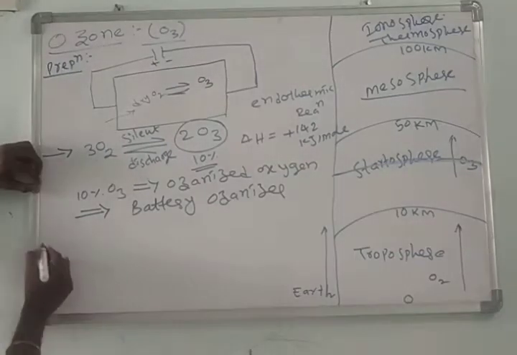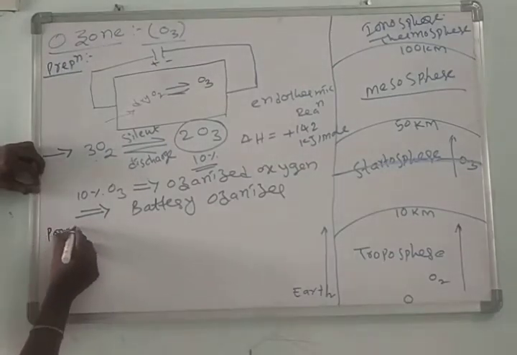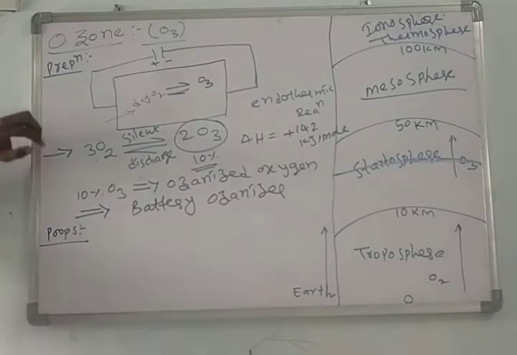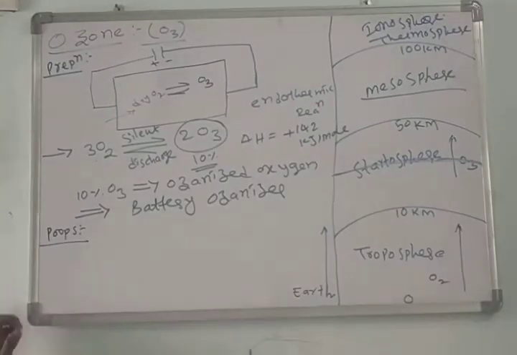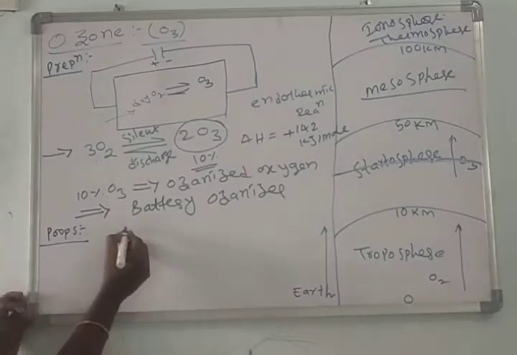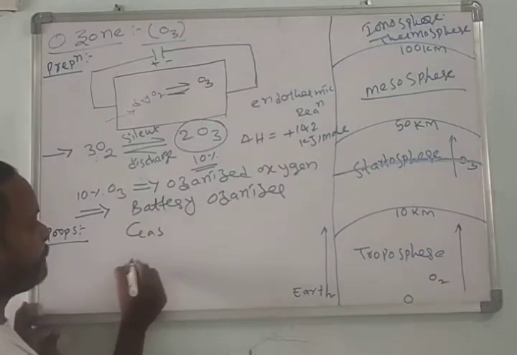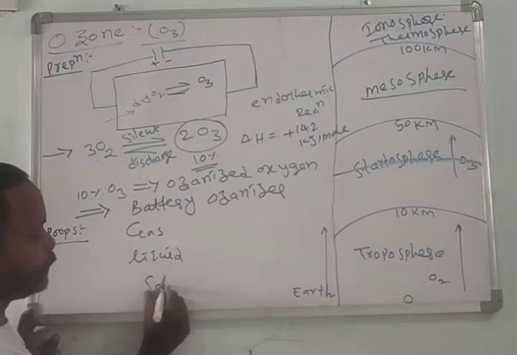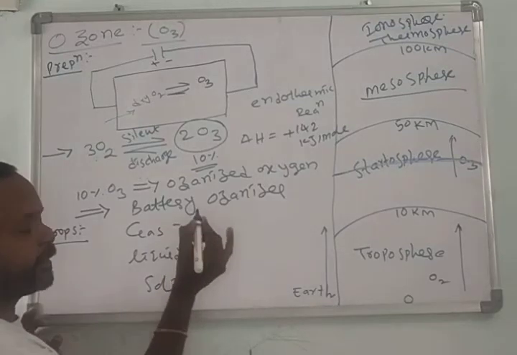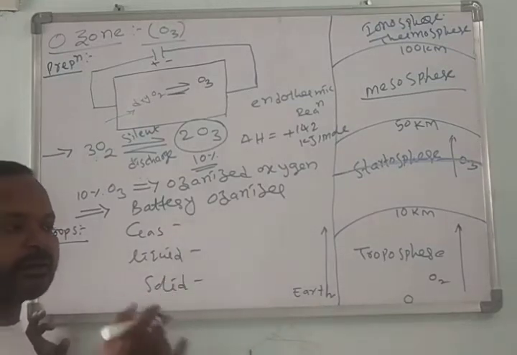In continuation we'll see the properties of ozone. Here we have the physical properties and chemical properties. First we'll discuss the physical properties of ozone. Ozone is available in gas form, liquid form, and solid form, each with a different color.